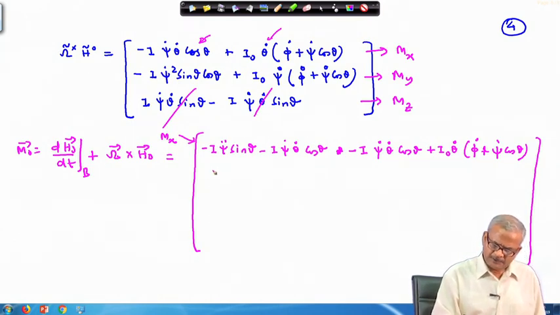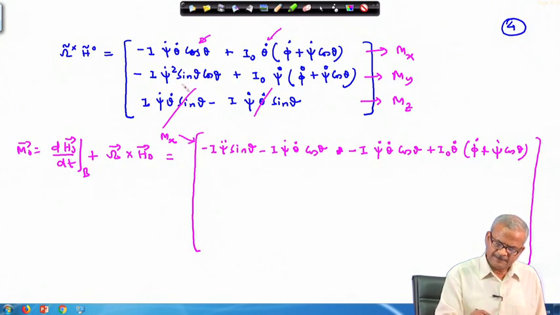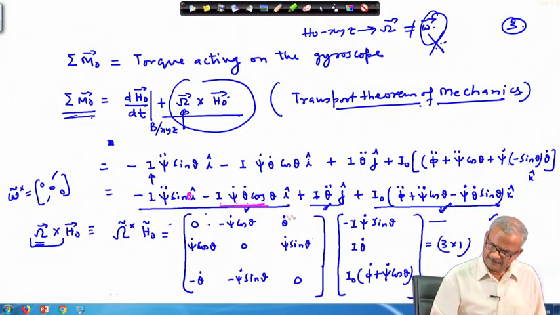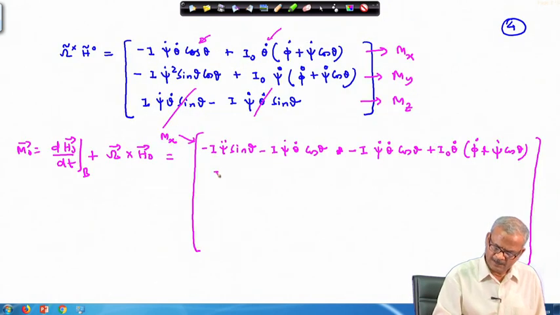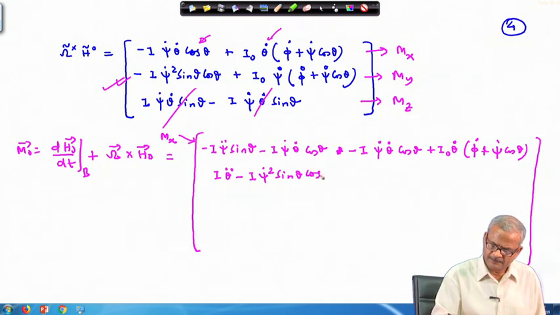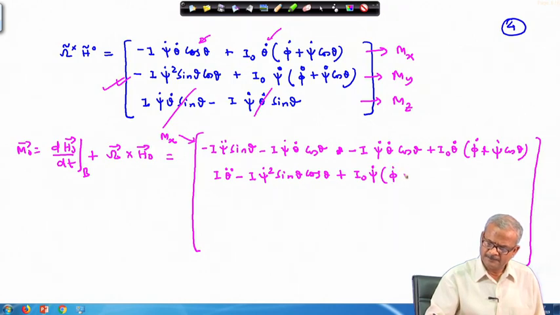Similarly, the other terms we can also write. The second term, again going back here, is just I times theta double dot. So, this is simply I times theta double dot. Then pick up this particular term here. So, this is minus I times psi dot square sin theta times cos theta plus I 0 psi dot times phi dot plus psi dot cos theta.